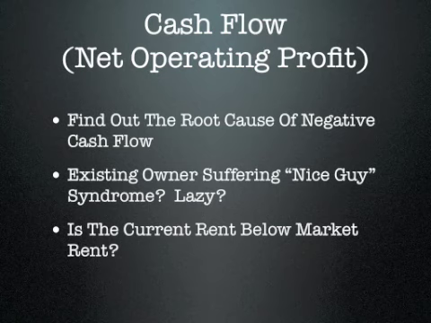So the way to tell that is the current rent that's being collected off of the property. And keep in mind, I say property, making it sound like it's in a big apartment building, but it's not. It can be just a single house, a single condo. Is the current rent that's being collected below the current market rent? So what is market rent? Market rent is just what other comparable pieces of property are being rented out for right now.